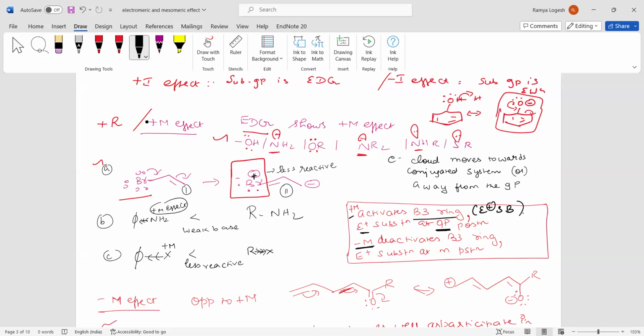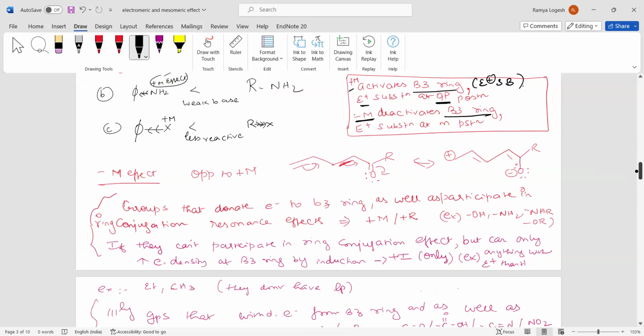What about this minus M effect? Minus M effect deactivates the benzene ring. That means if the electrophile is coming and attacking the benzene, what happens? Minus M is the one, if plus M is done by an electron donating group, minus M will be done by an electron withdrawing group. Look at this example. Minus M effect is opposite to plus M. Here, what is happening?